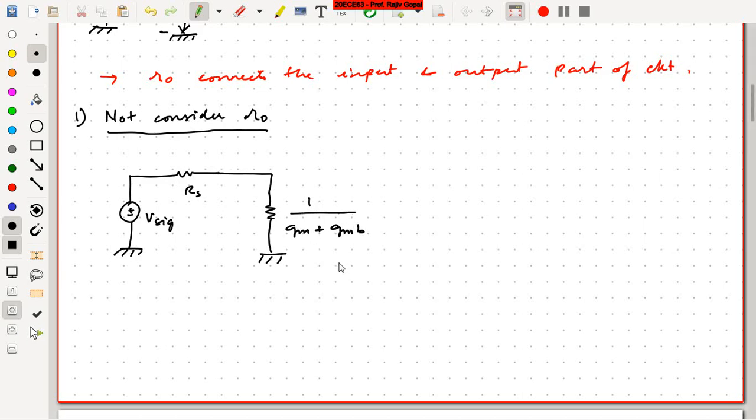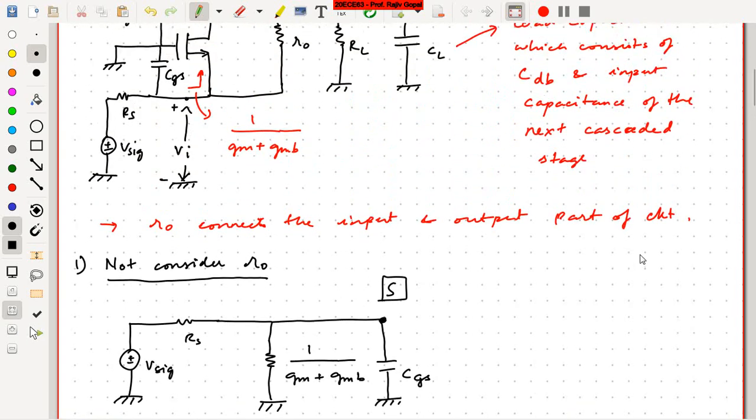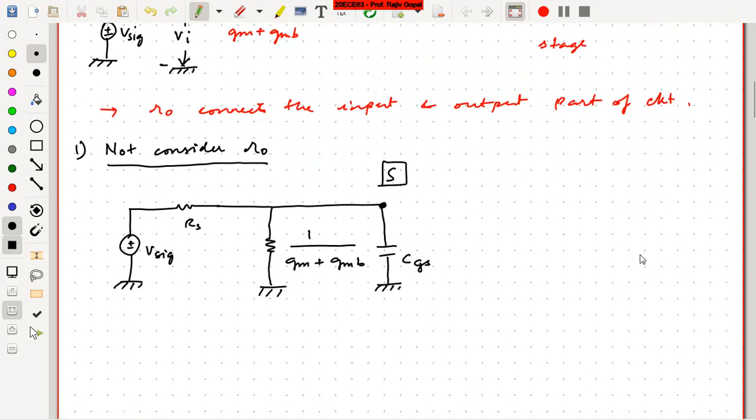Remember, we are at the source side now, right? This is my source. And here I have CGS. If you look at CGS, one side of it is anyway grounded, right? So this actually becomes your gate.